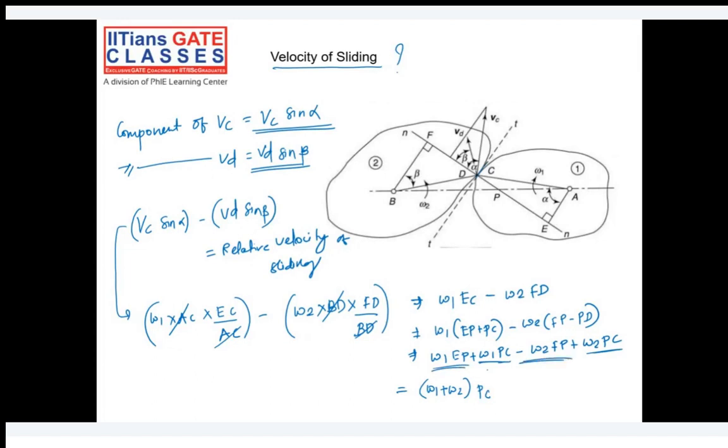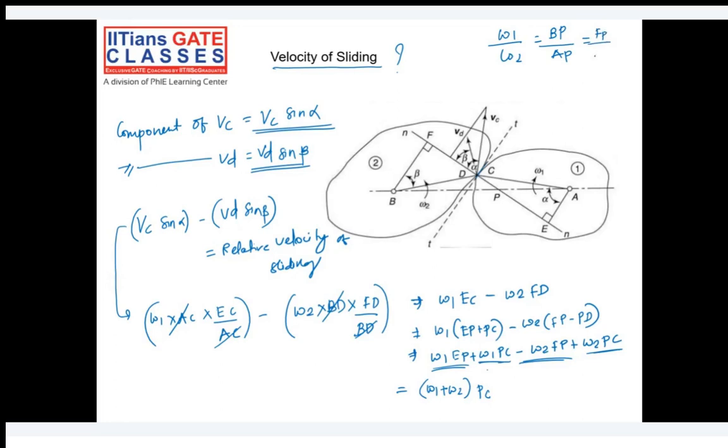What is that? That is the law of gearing we have studied. If you remember, what was the law of gearing? Omega 1 divided by omega 2 is equal to BP divided by EP, and that is equal to FP divided by EP.